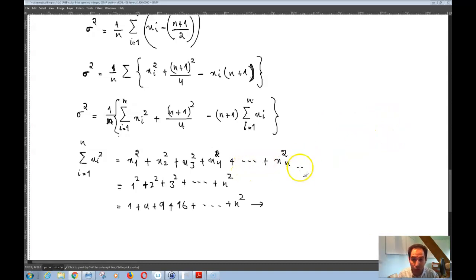And so the way that you can figure that out is, for example, when you're calculating the sigma of x of i raised to the power 2.